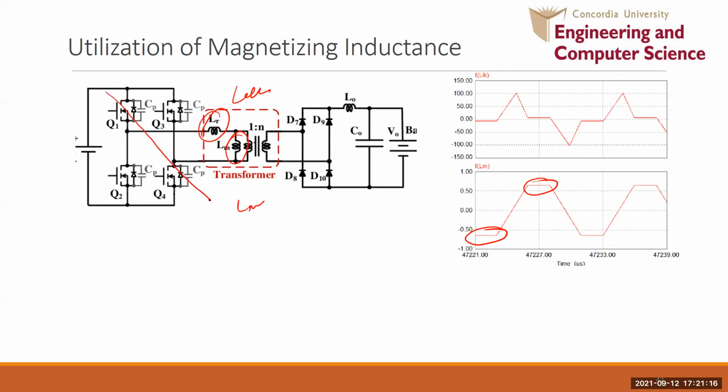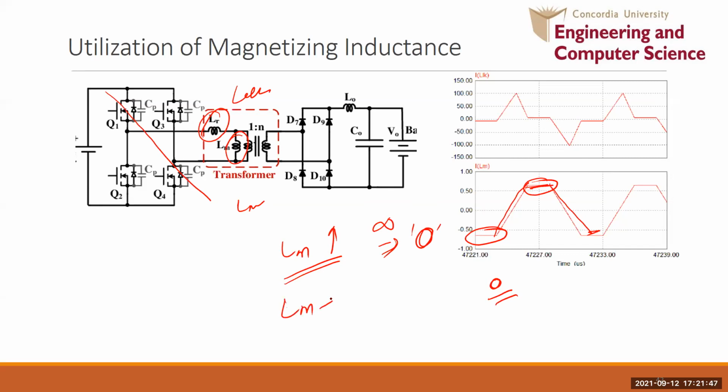Whenever this switch is on, the transformer current increases and then goes flat, and when the other pair is on, it decreases and then goes flat. Earlier we assumed it zero. If the transformer inductance is very large, we assume it infinite, so its contribution is zero, because its impedance is large and the transformer magnetizing current is zero.